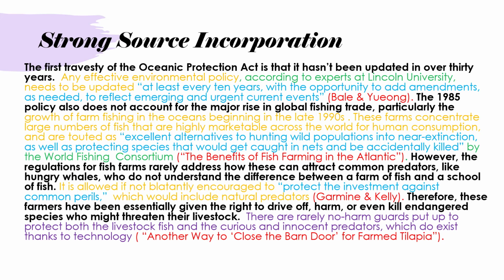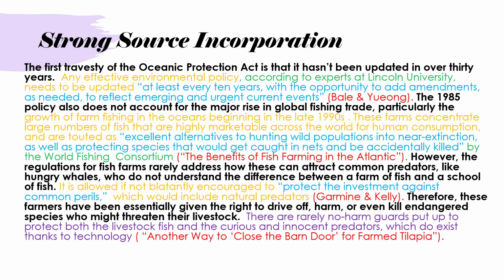Okay? It is allowed, if not blatantly encouraged, to protect the investment against common perils, which would include natural predators. And this is also taken from the source Garming and Kelly. Okay, so by incorporating this source and using that direct quote, protect the investment against common perils, that wording is very powerful.